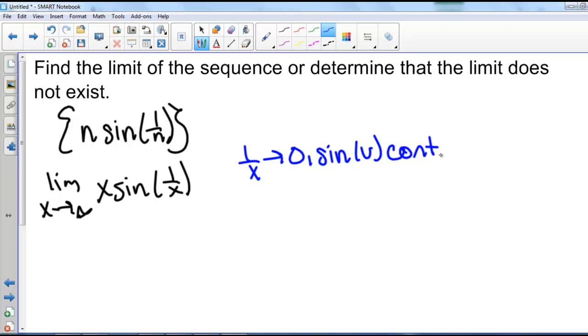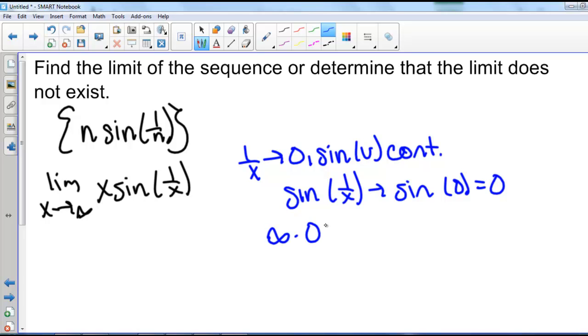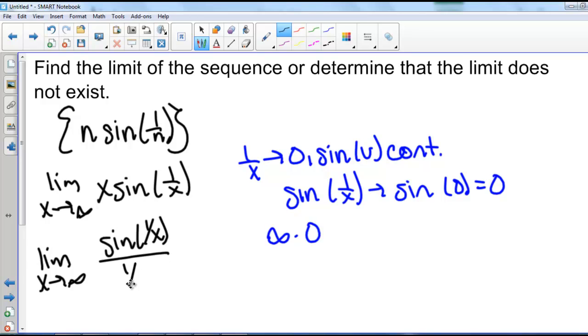So sine of 1 over x goes to sine of 0, which equals 0. So we're going to have an indeterminate form of infinity times 0. So we want to rewrite this as the limit as x goes to infinity of sine of 1 over x over 1 over x. So now we have the indeterminate form 0 over 0.